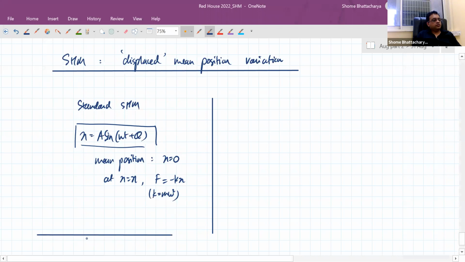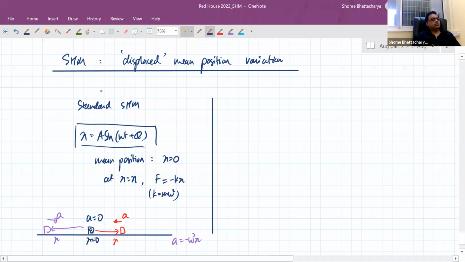Okay, so if this is my x equal to 0, at this position, the acceleration should be 0. But the moment I give it some displacement on this side, for example, there will be acceleration in this direction, or if I give it a displacement in this direction, then there'll be acceleration in this direction, and that acceleration is minus omega square x.